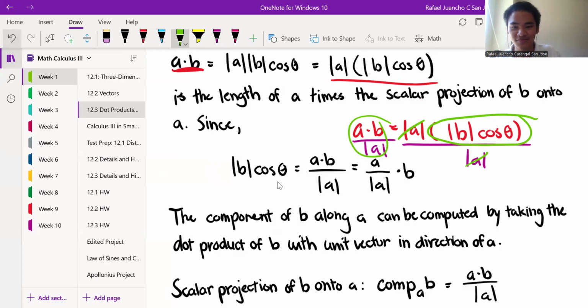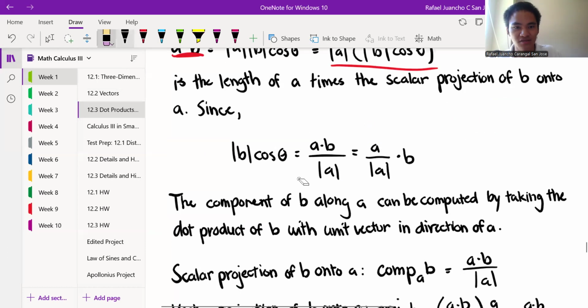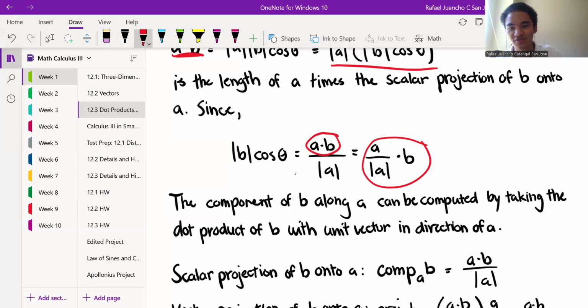And funny enough, we can actually translate this into pure English. What this basically means is, if you look at this thing here, the component of B along A can be computed by taking the dot product of B with the unit vector in the direction of A. So this is the dot product A times B. And the unit vector is this, right?